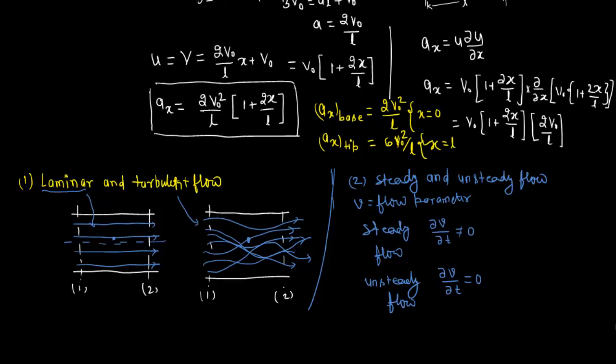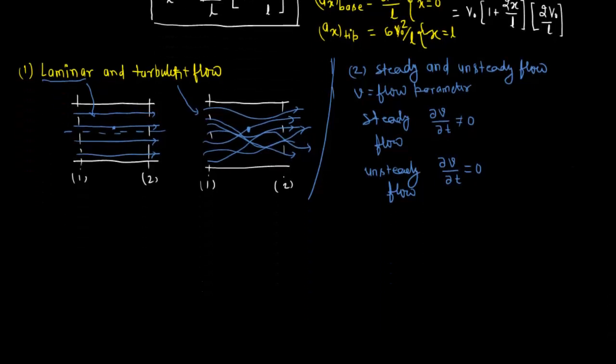Now the next category, our third category: uniform and non-uniform flow.